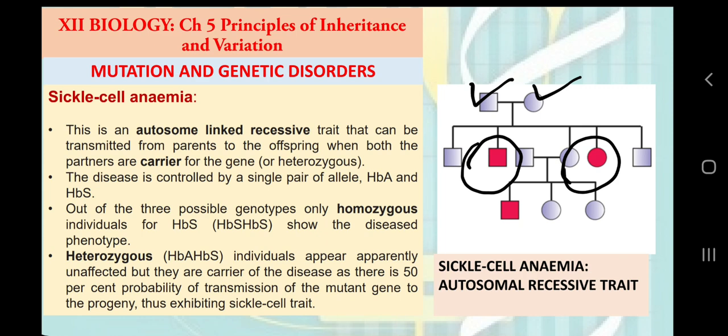So if any character skips the generation, then it is called a recessive disorder. And because both males and females are affected, this is autosomal recessive, and the example is sickle cell anemia, and that is also going to happen in the case of phenylketonuria, which I will discuss in later slides.